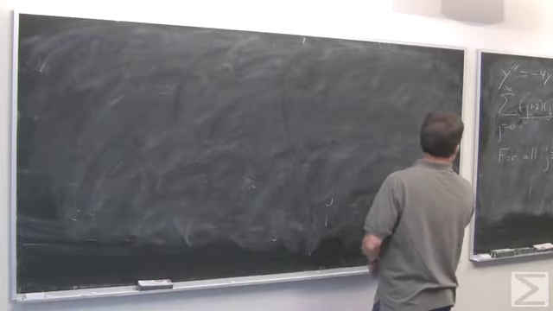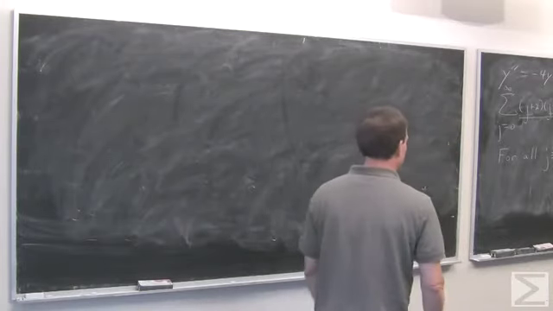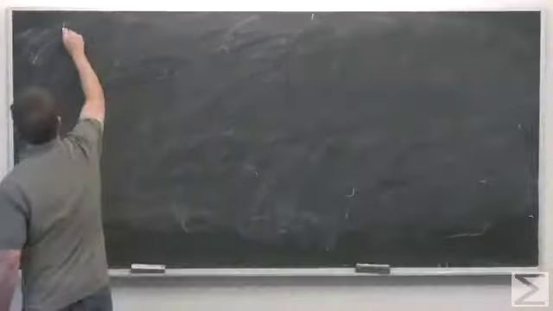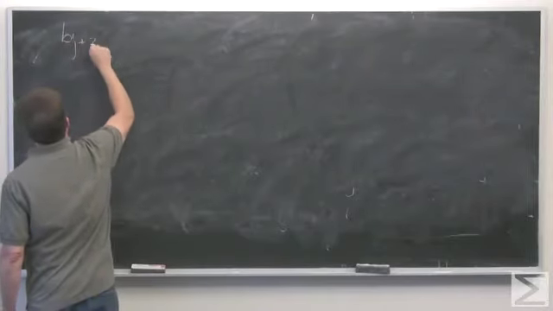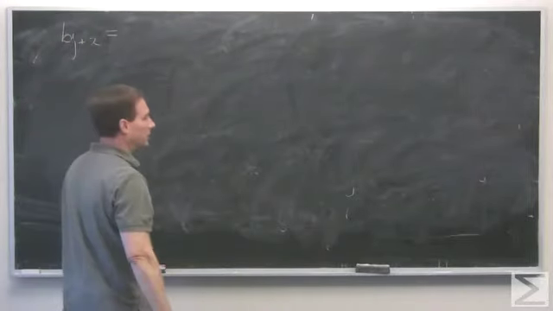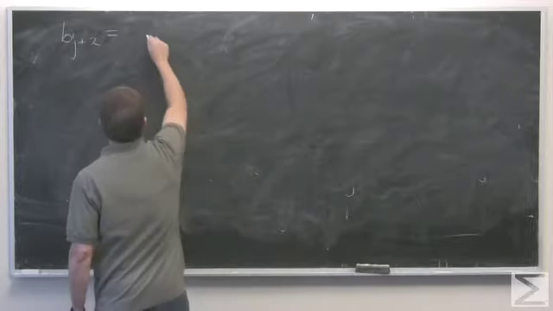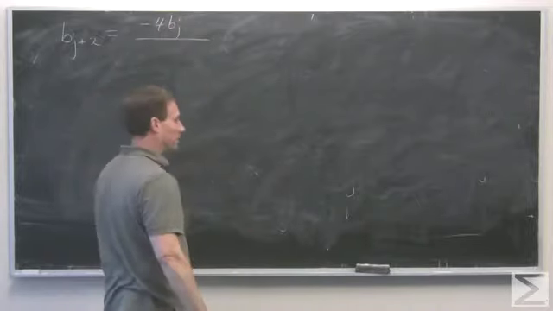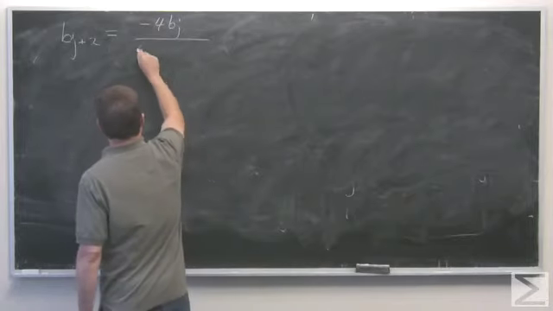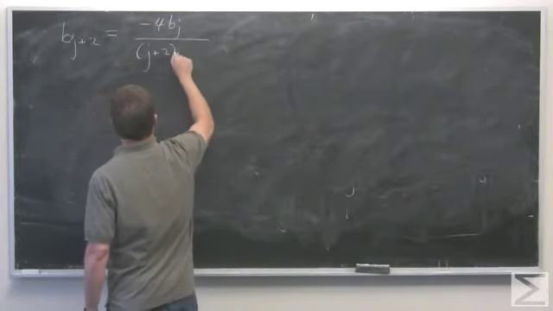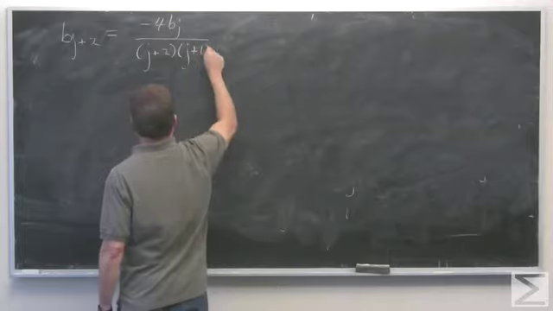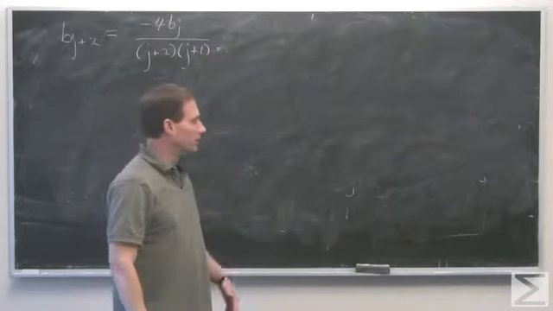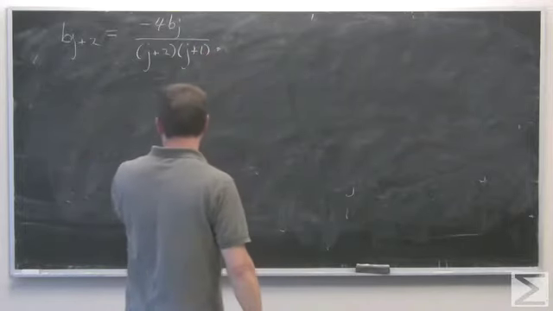So what does this tell us that we get? I'll write it again. B sub j plus 2 equals minus 4 times b sub j over j plus 2 times j plus 1. And I'd like to look at the even and odd coefficients separately.